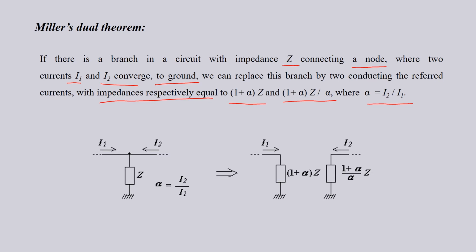So here we can demonstrate that two currents are converging at a node which is connected to ground with an impedance Z. Now they again can be split into two conducting branches with impedances (1 plus alpha) into Z, and (1 plus alpha) over alpha into Z, with currents I1 and I2, and they are both connected to ground.